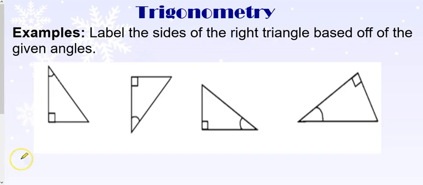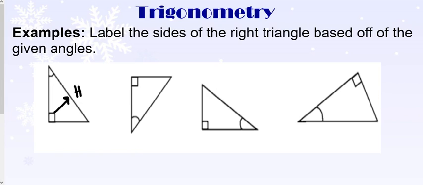All right, let's take a look. We're just going to label these sides based off of the given angle. I always start with my hypotenuse because I think that's the easiest piece for me to find. Directly across from my right angle always goes my hypotenuse.